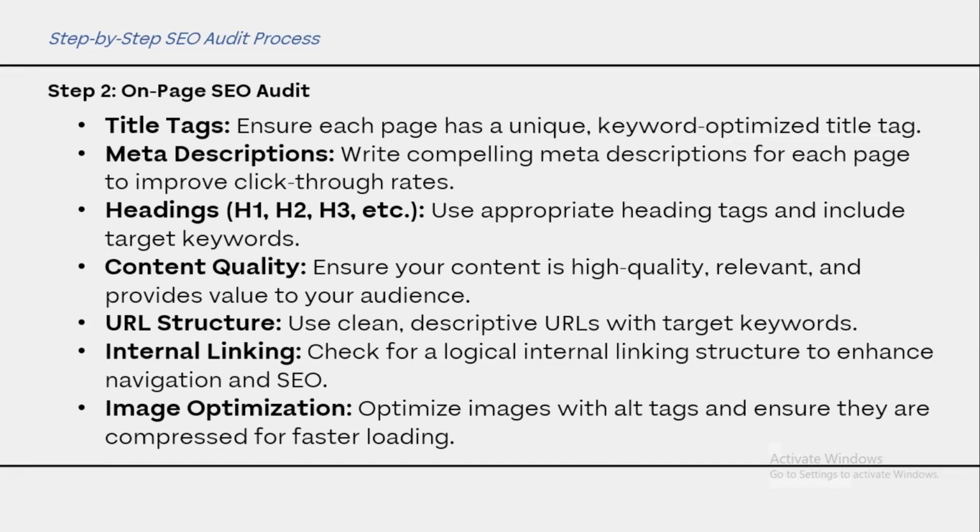So don't just insert images on your website. Optimize your images, okay, with alt tags and ensure they are compressed for faster loading, because too large images, for instance, WordPress actually tells you the size of the images, and most content management systems basically tell the size of image to use in certain areas.